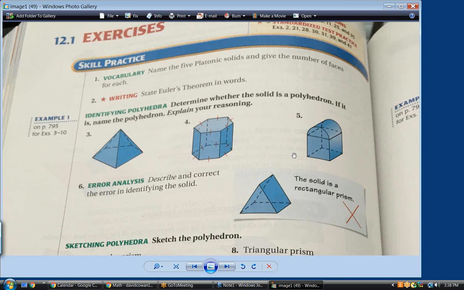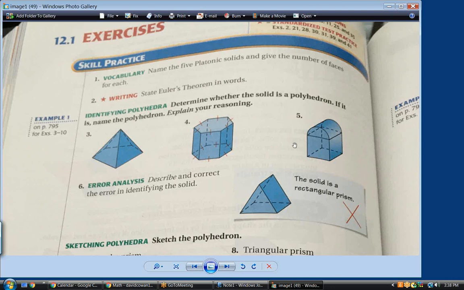Oh, that makes it a prism by definition. I'm not quite sure what the definition of polyhedron is. I think a polyhedron is a solid that is bounded by polygons. So I guess this would not be a polyhedron, but it is a prism.